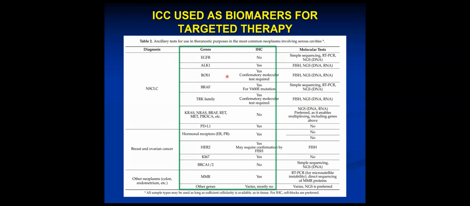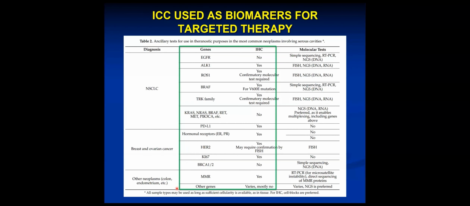As you can see here, IHC for ALK, ROS1, BRAF, TRK, and PD-L1 is quite useful for non-small cell lung cancer, and ER, PR, HER2, and Ki67 could be very useful for breast and ovarian cancer, and MMR could be useful for colon and endometrial carcinoma.